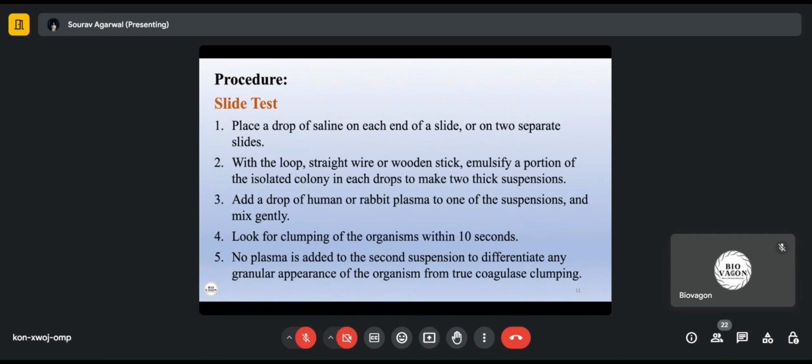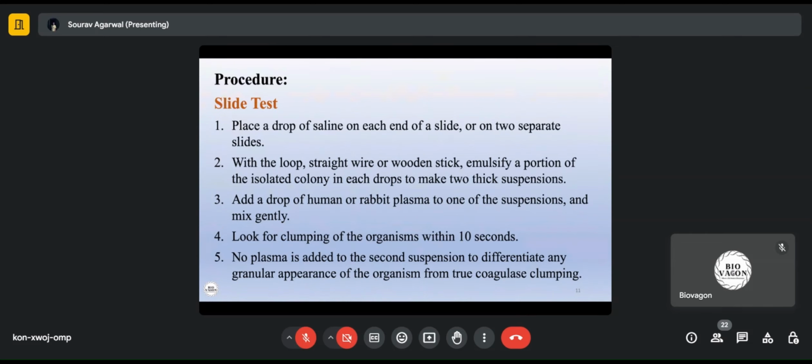Now, to either one of these suspensions, we add human or rabbit plasma and mix gently and look for clumping for the next 10 seconds. We do not add plasma to the other suspension because we want to see if the coagulation, if seen, is due to the coagulase enzyme or it is a characteristic of our organism.